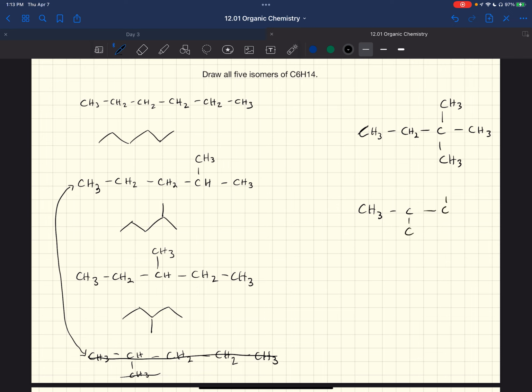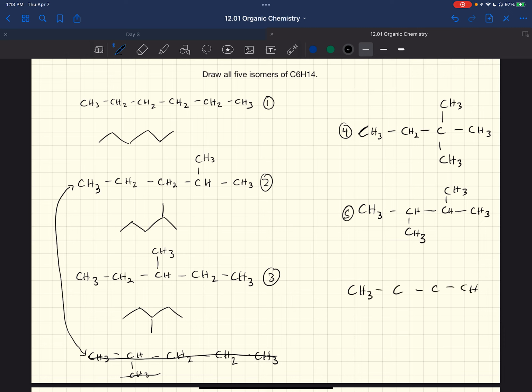That one works. We could also put them off of different central carbons. Okay, so that's 2 other isomers. So we've got 1, 2, 3, 4, 5.